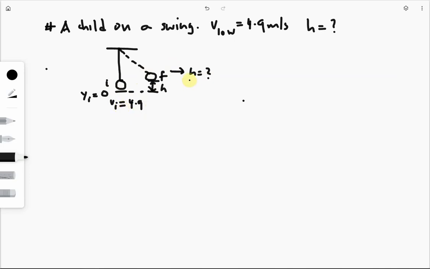Cool. Now your original instinct would be to go ahead and use Newton's second law, because we know that this is a rope tied to the swing. So the rope must be exerting a tension force, and so we could in principle apply Newton's second law of motion. However, we have to realize that the tension in this string holding up the swing is constantly changing as the child swings back and forth.